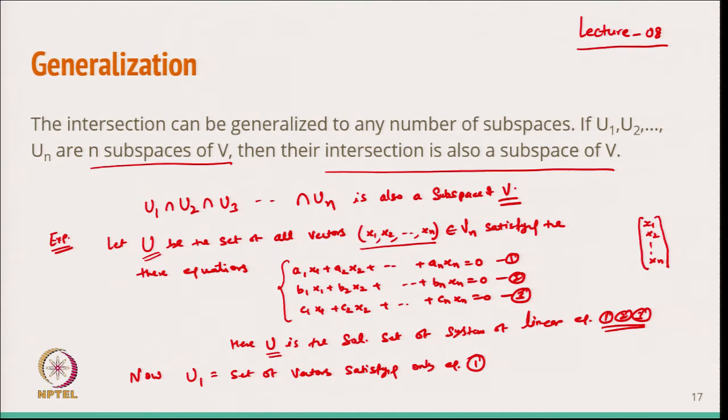I will choose only those elements which satisfy the first equation, that is it. Similarly, I choose U2, the set of vectors satisfying equation number 2, and U3, the set of solutions satisfying equation 3. Now I can find what U1 intersection U2 intersection U3 is.